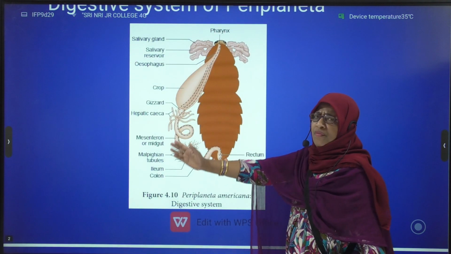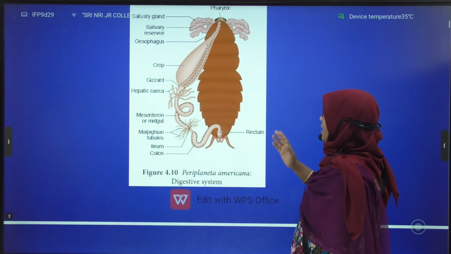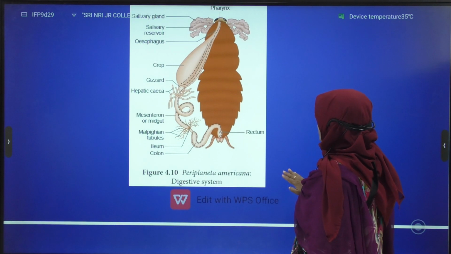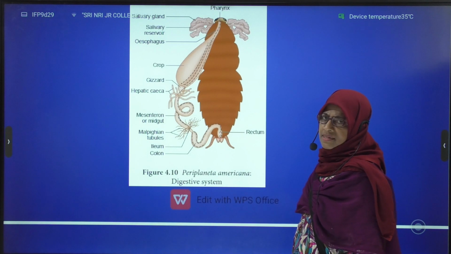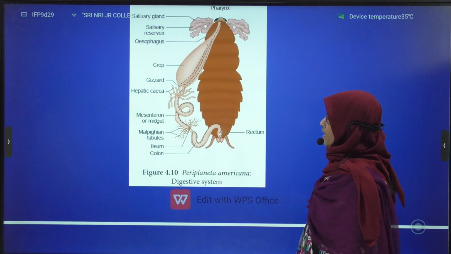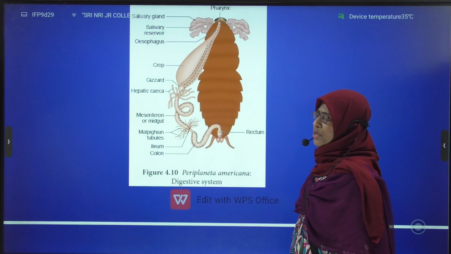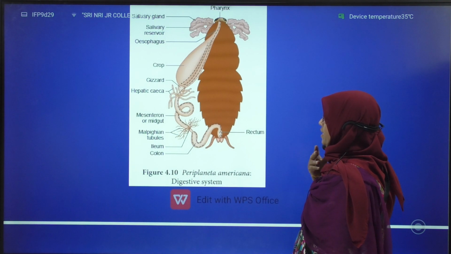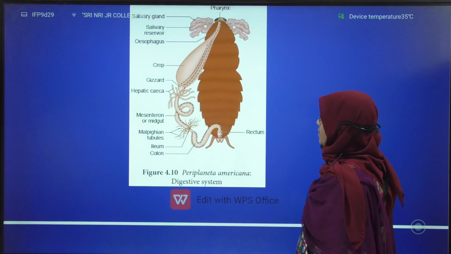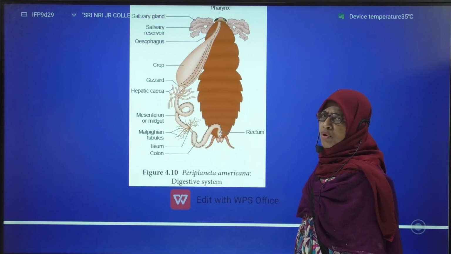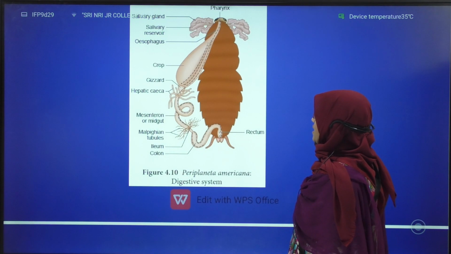Here is the diagram of the digestive system. We already discussed that digestive system of cockroach consists of two parts, that is alimentary canal and associated digestive glands. Alimentary canal is divided into three parts, that is foregut, midgut and hindgut. First we will discuss the foregut.